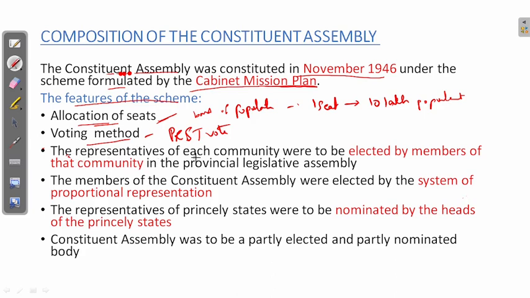Next, the representatives of each community were to be elected by the members of that community in the provincial legislative assemblies. The members of the Constituent Assembly were elected by the system of proportional representation.